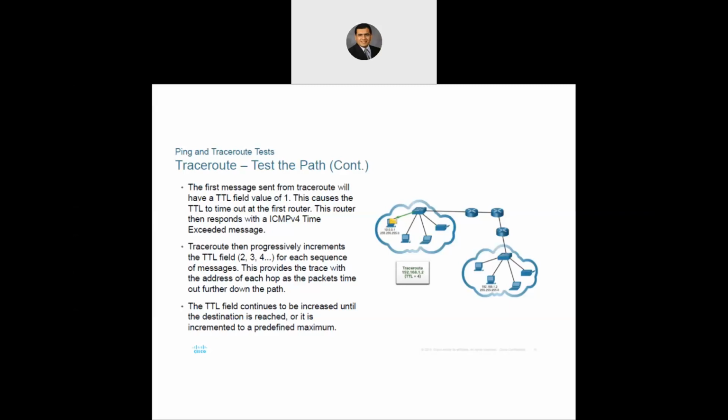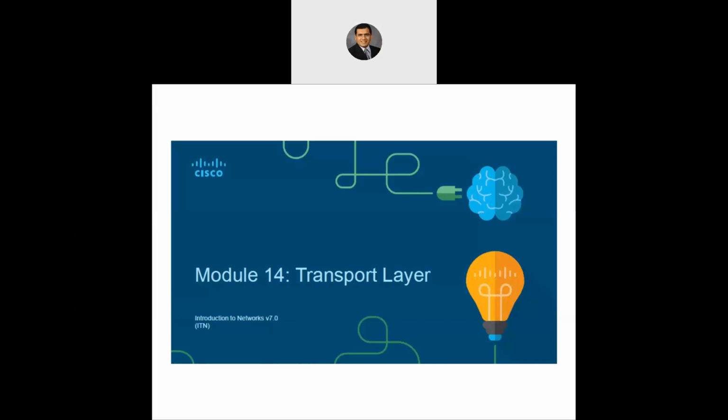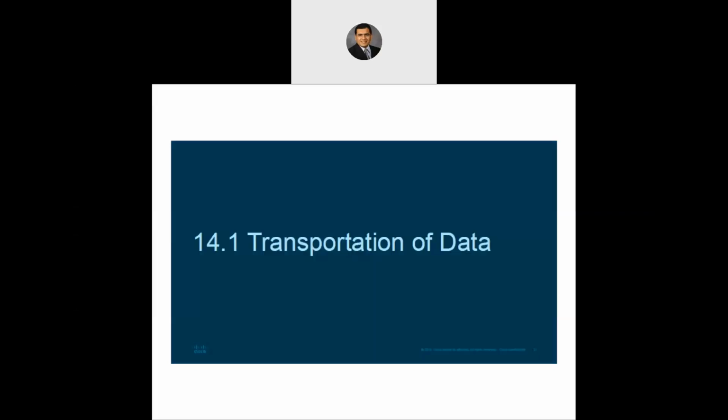Okay. Now we go to module 14, which is an informative lab session. There is no lab exercise associated with module 14, but transport layer is something that we should know. Transportation of data is its responsibility.